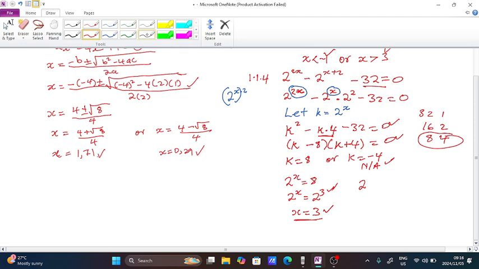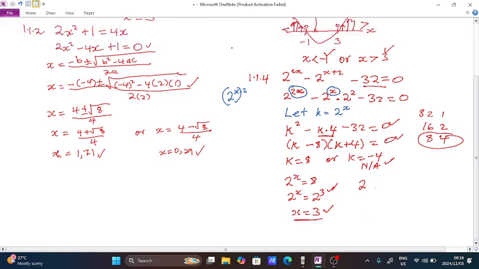Let's change color. You said 2 to the power 2x negative 2 to the power x multiplied by what? Multiply by 2 to the power 2 minus 2 to the power equals to 0.